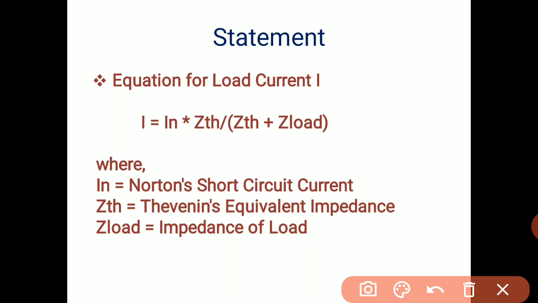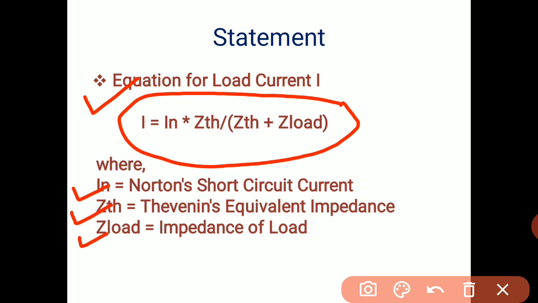IN is Norton's short circuit current, ZTH is Thevenin's equivalent impedance, or Norton's equivalent impedance, and Z load is the impedance offered by the load. So whenever the question asks to find the load current using Norton's theorem, after finding all the values, we apply this equation to get the load current IL.